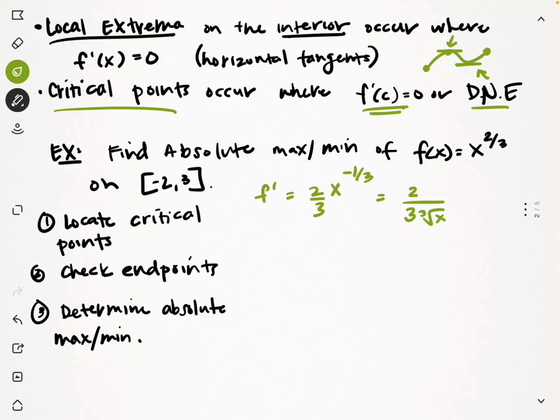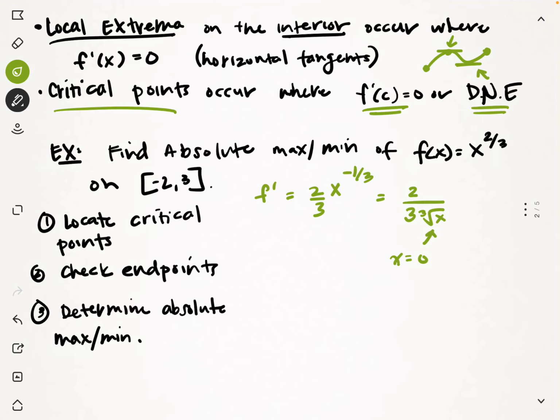Okay, so we know that if I plug a 0 in there, x equals 0 would be a critical point. Because if I plug 0 in there, then the denominator is going to be 0, and we'd be looking at a location where our derivative does not exist.